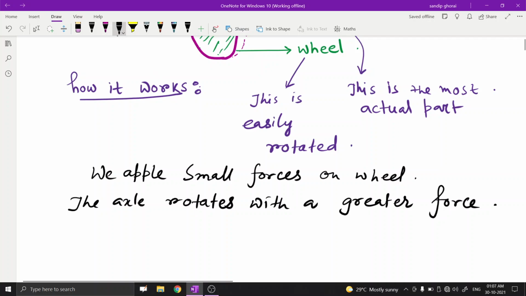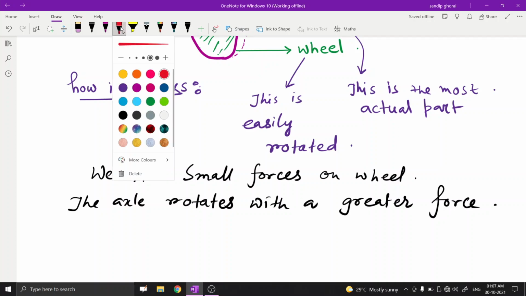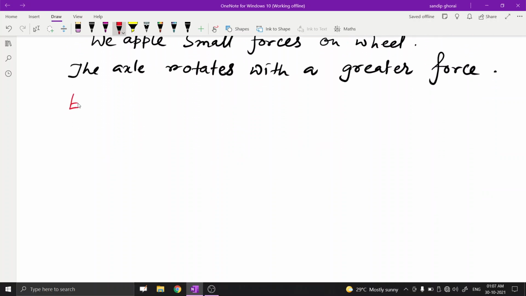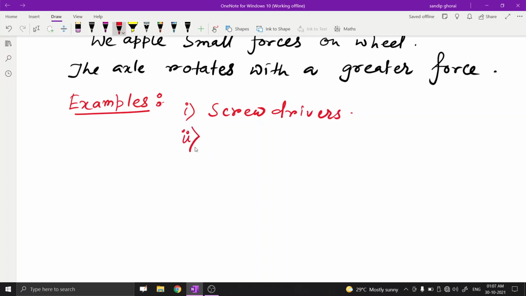Now, what are some examples? Write down some examples of the wheel and axle arrangement. The first one is screwdrivers. The second one is doorknobs. The third one is pedals of a bicycle.